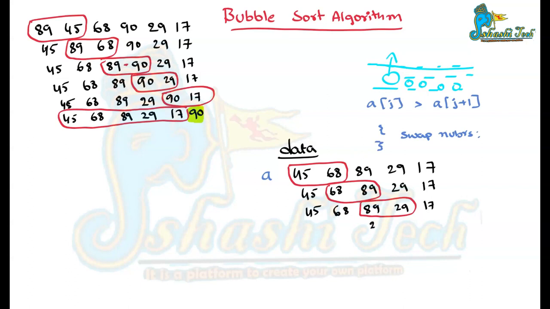We need to swap these numbers, 29 and 89. Finally 17. And we shall write the remaining ones as they are. Okay. Then again compare the last two adjacent numbers, that is 89 and 17. Here 89 is greater than 17, so we shall swap it again. And we shall write the remaining elements as they are.